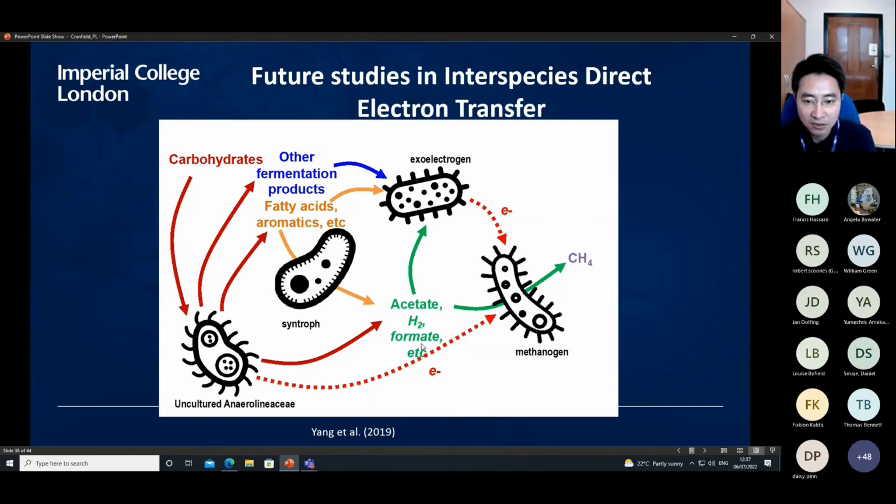And you can see that those intermediates, acetate, hydrogen and formate, diffuse by diffusion. But if we do this kind of electron transfer through GAC, it's kind of speed of light, and really quickly you can get really good efficiency.